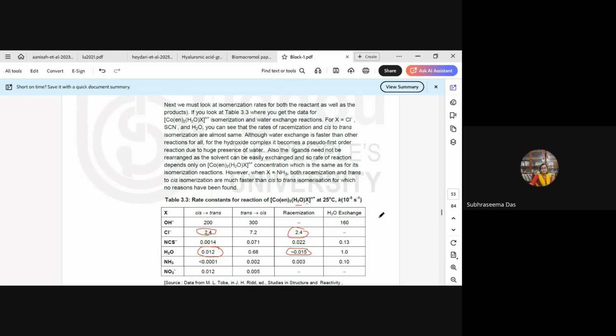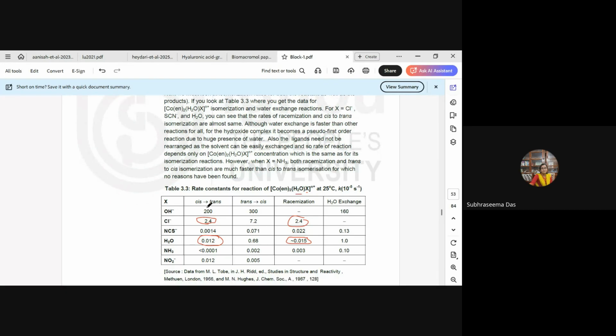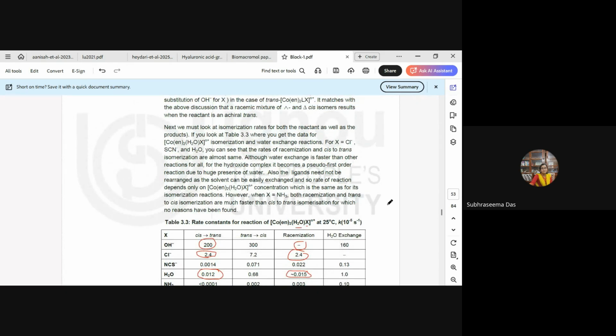Although water exchange is faster than other reactions, when we look into the hydroxide complex, for the cis to trans conversion the rate constant is 200 per second. The unit of rate constant is second inverse. But no rate constant has been observed for the racemization reactions.